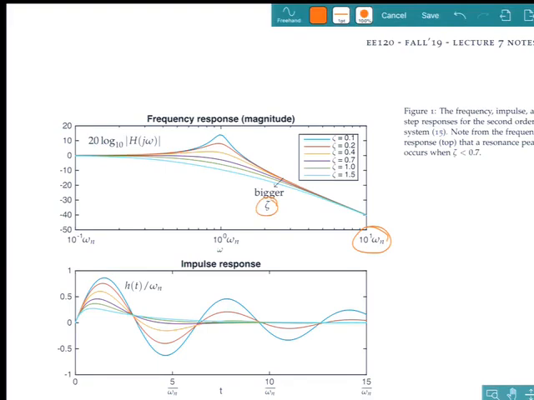If I choose a small zeta, the frequency response, instead of nice and smoothly decaying as omega goes to infinity and acting like a nice low-pass filter, if zeta is not big enough, below a critical value like zeta equals 0.1, 0.2, etc., it's going to go up first. Look at this jump.